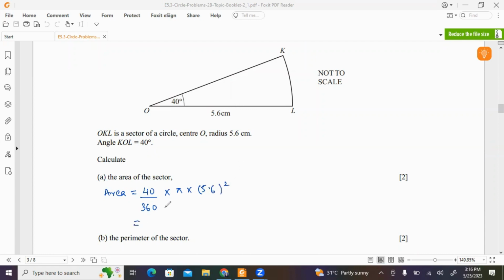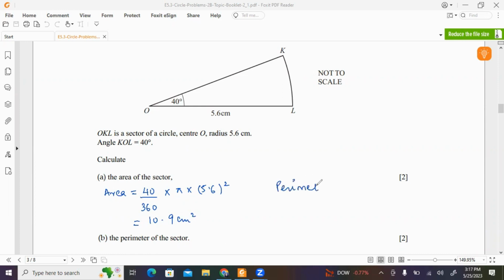So we just plug in the values in the calculator. 5.6 squared times pi, and then we divide the result by 9. So that is 10.9 centimeters squared.